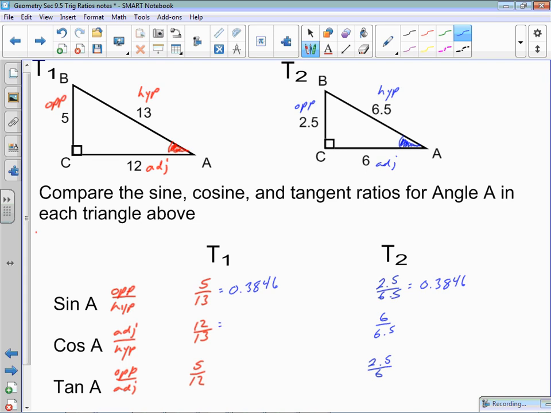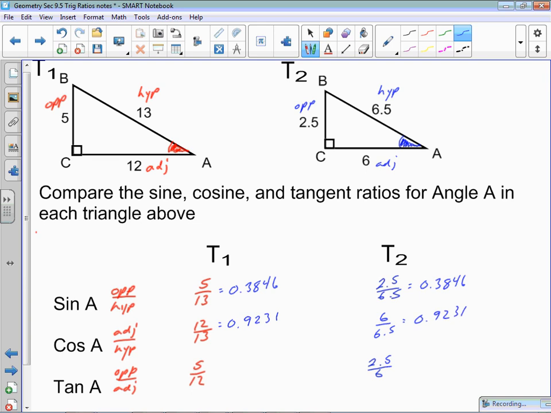All right, so then 12 over 13 would be 0.9231. And it's fairly standard that when you ask for sine, cosine, or tangent, it's going to want it to 4 decimal places. All right, so 6 over 6.5 is also 0.9231.